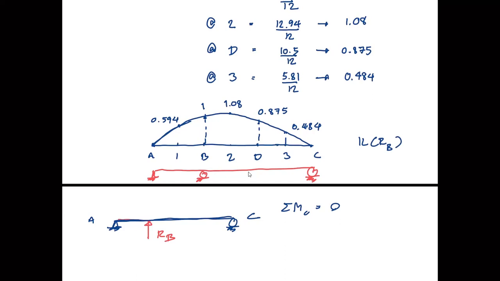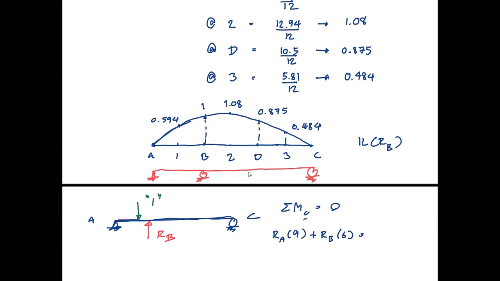I have RA multiplied by 9 plus RB multiplied by 6 equal to, is that it? No, remember you have this unit load always lurking.